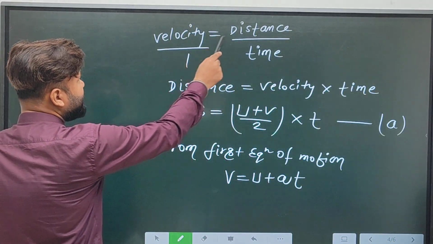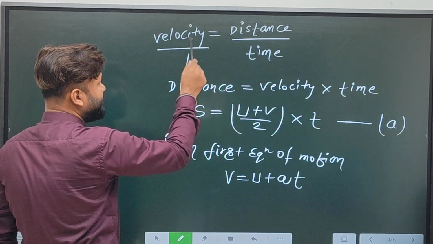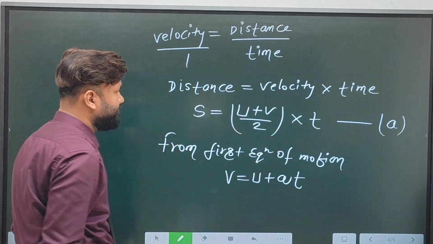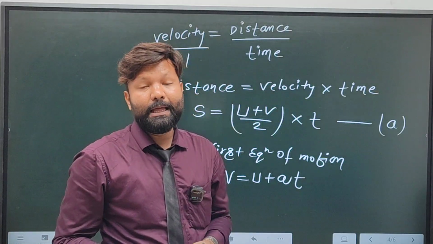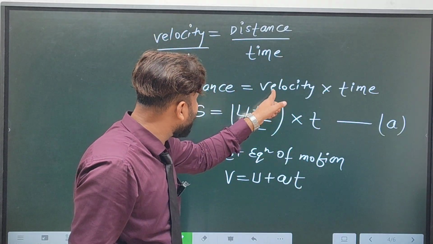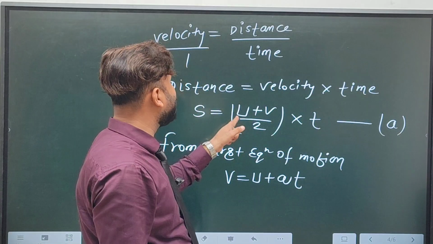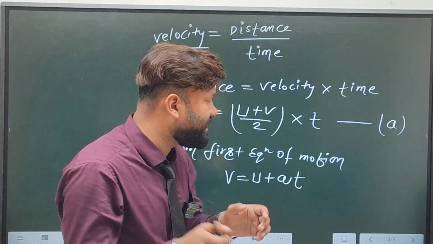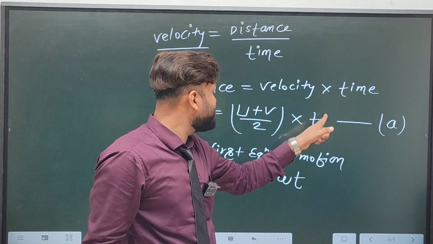Cross multiplication, distance into 1, distance, velocity multiplied with time. Now in place of velocity, we have to write u plus v by 2. Many will ask, sir, it is neither initial nor final, and that is the reason we have taken the average velocity of initial and final, that is u plus v by 2, in place of velocity. Now time t.